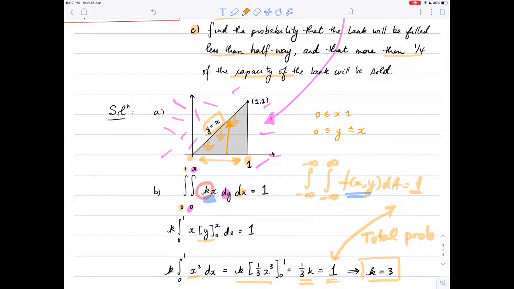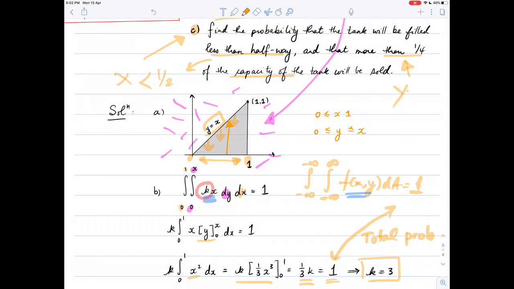C. Question C asks us to find the probability that the tank will be filled less than halfway. Less than halfway is a measure on x, that x is less than 1/2. And that more than 1/4 of the capacity will be sold is telling us something about y.